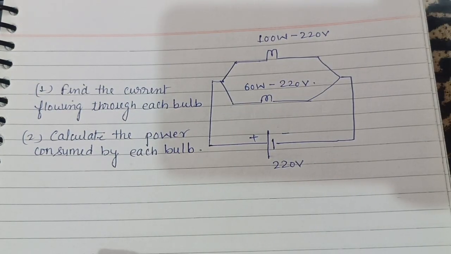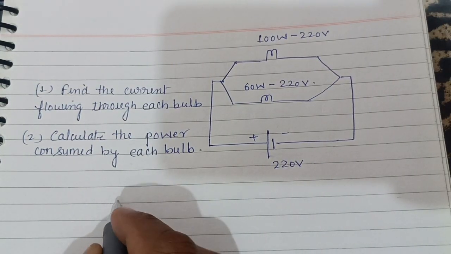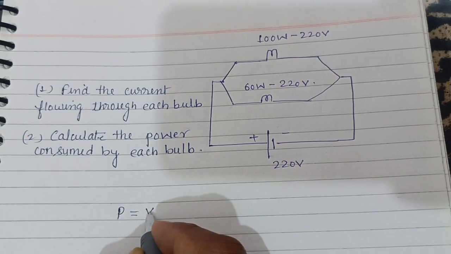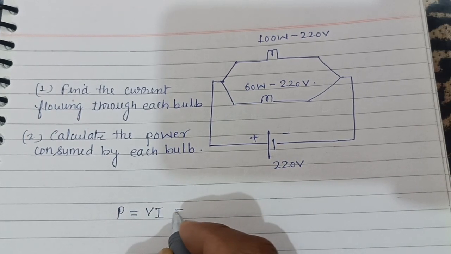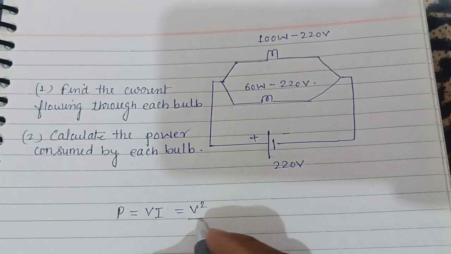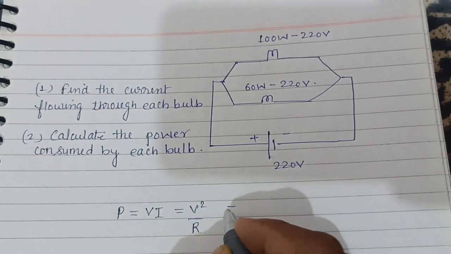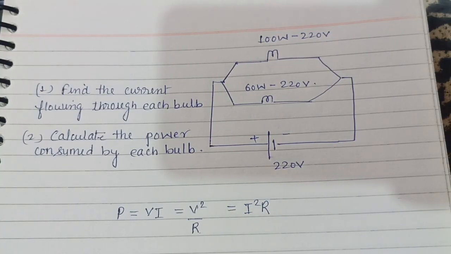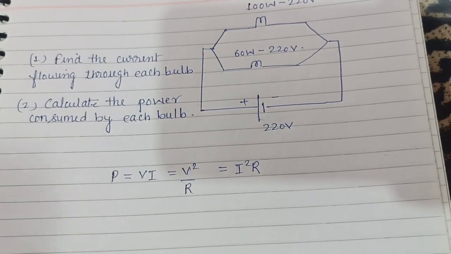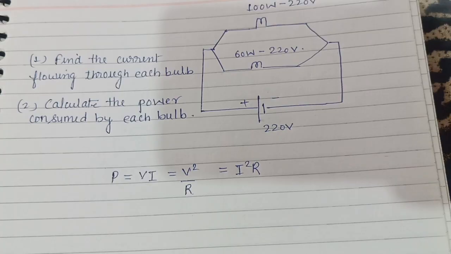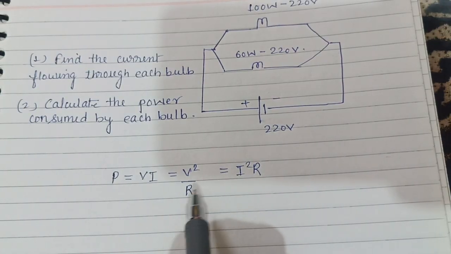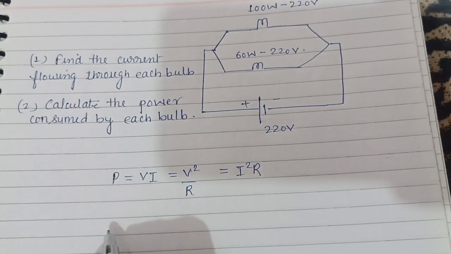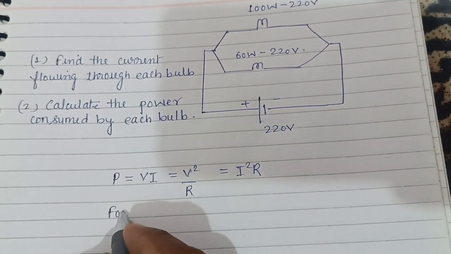Since we know the power formulas, P is equal to VI, second is V square by R, and third is I square R. These are the formulas of power.